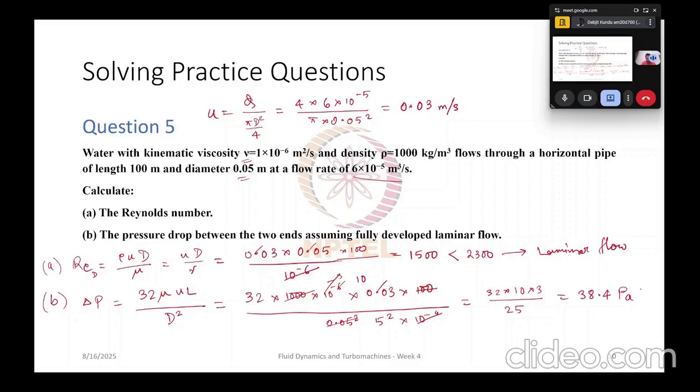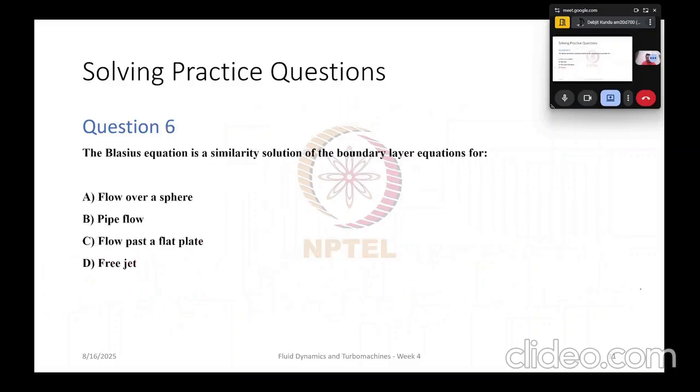Alright, so let's move on. We move on to question number 6 now. So now we are starting to talk about flow over a flat plate and boundary layer flow over a flat plate.